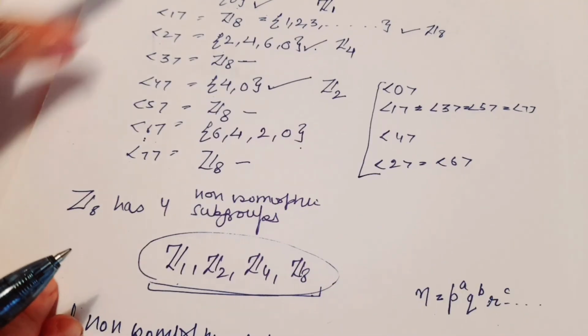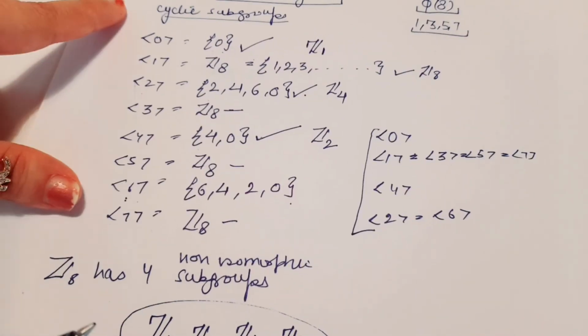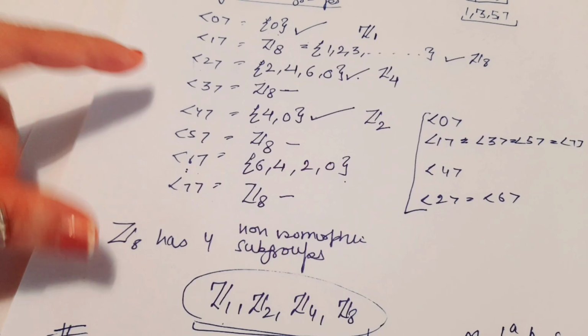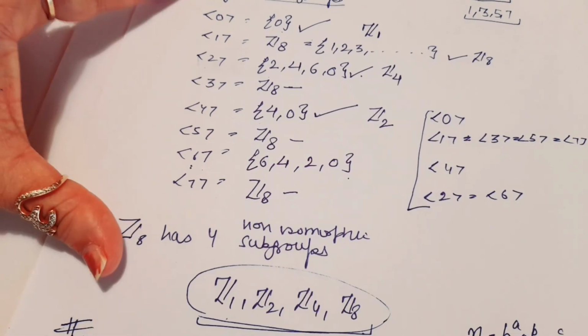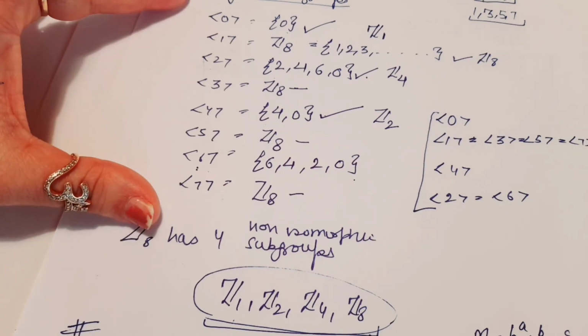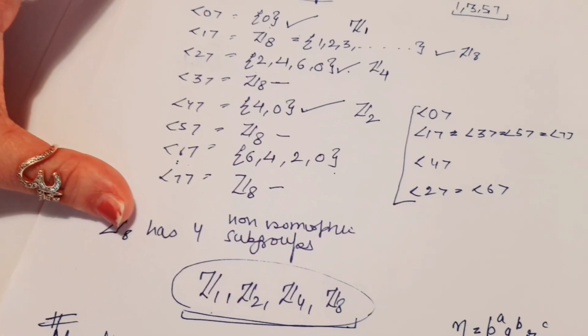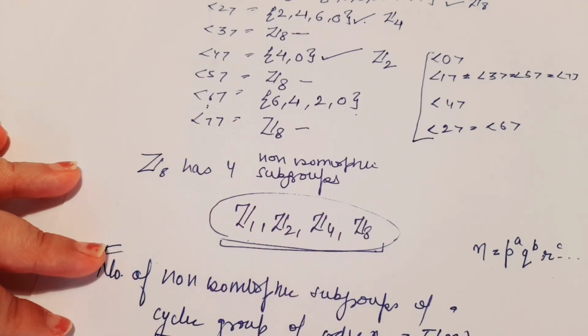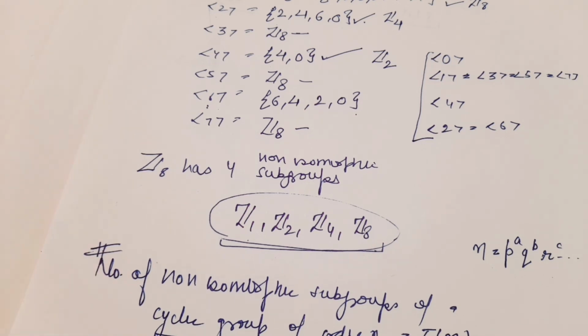You can find this by the complete analysis of Z8, and you can also calculate it by the short trick. If you need to clear your concept, you can see what non-isomorphic subgroups are, how we find them, and what happens if a group is cyclic. I hope you got what non-isomorphic groups and subgroups are, and the short tricks to find them.